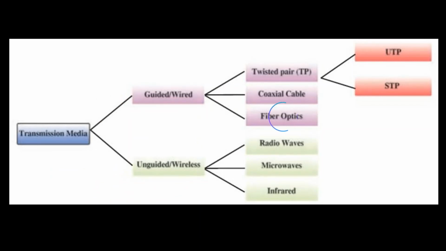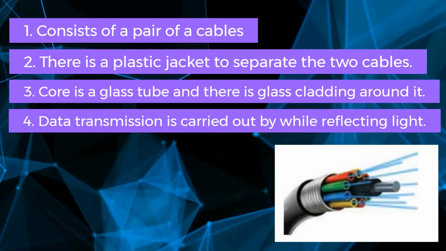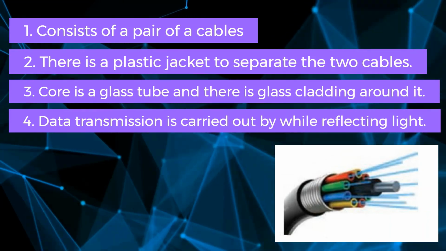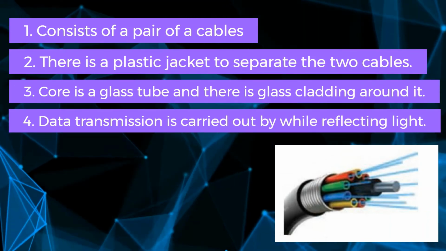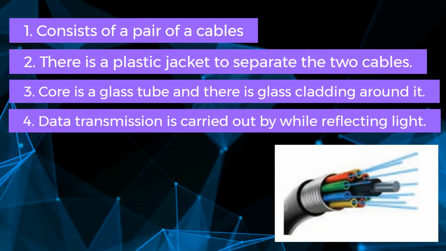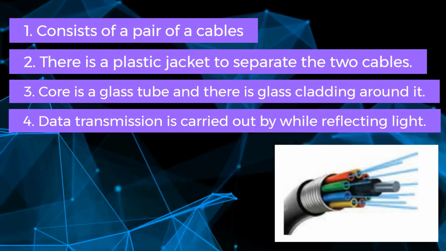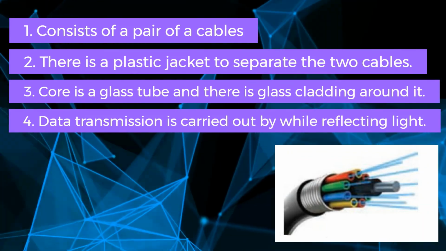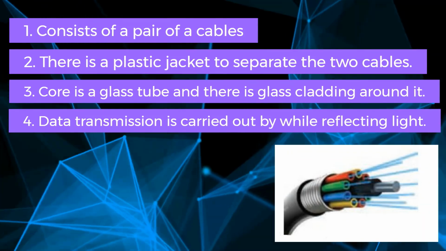It's time for us to learn about the third category of guided or wired media, that is fiber optics. As you can see in the picture, it consists of a pair of a cable. Also, there is a plastic jacket to separate the two cables. The core is a glass tube and there is glass cladding around it.